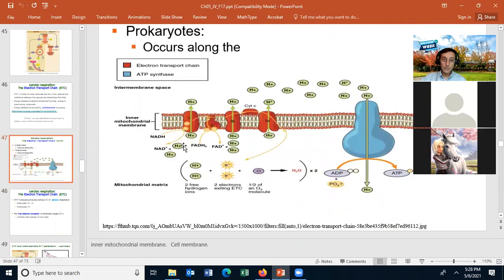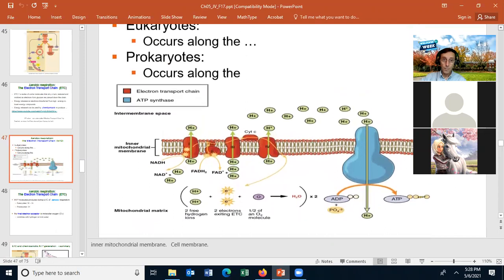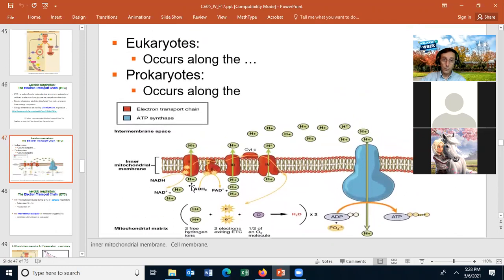By NADH or FADH2, and then the electrons transfer from one protein to the next protein, to the next protein, to the last protein. Okay?